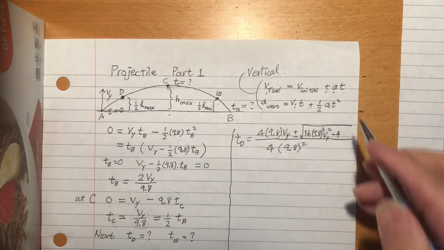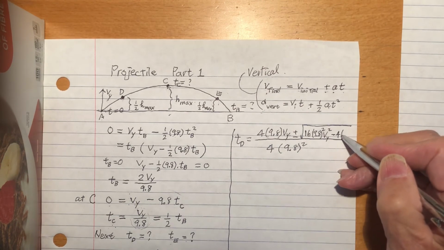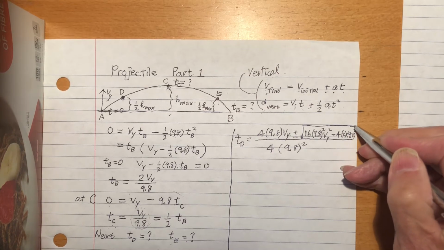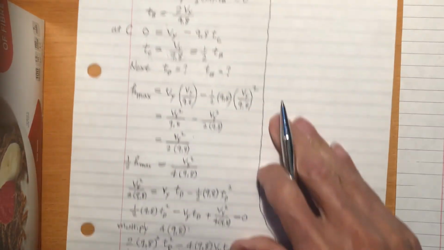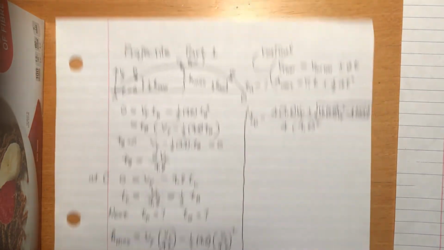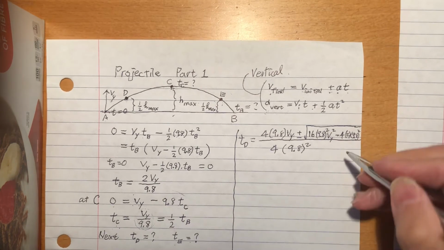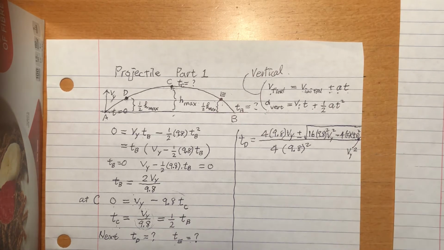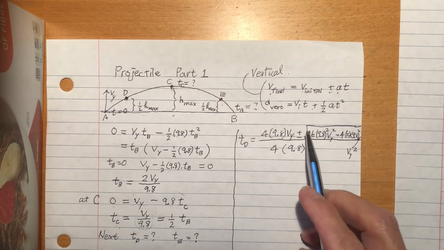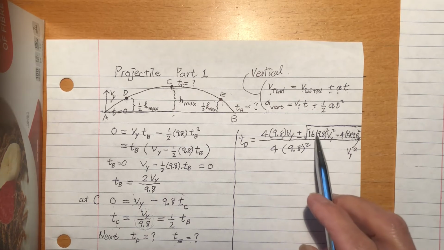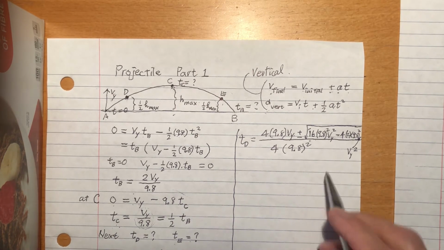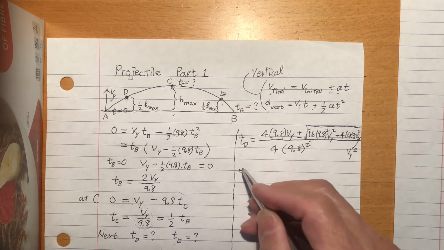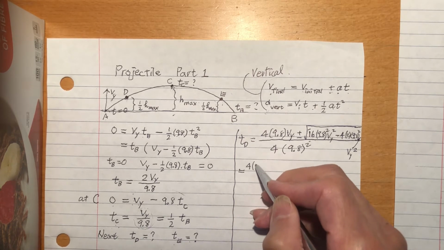So that's my a. 4 times 2 times 9.8 squared. What is my c? C is Vy squared. So I have Vy squared. Oh, I have no space there. So let me simplify this part, the part inside the square root sign. I don't have much space here, so just squeeze it.